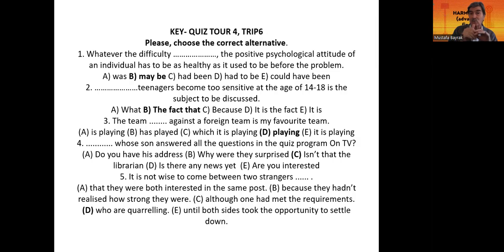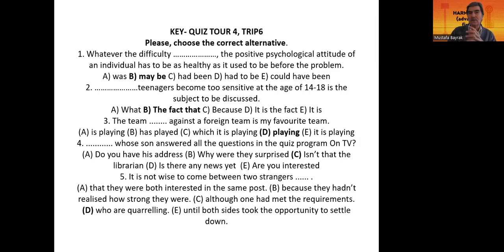Okay, so that team is my favorite team, not the others. Maybe there are 10 teams, but one of them is playing against a foreign team. So is it defining or non-defining? If we make it with the team which is playing against a foreign team is my favorite team, so it is defining. We cannot put commas before and after the which clause.